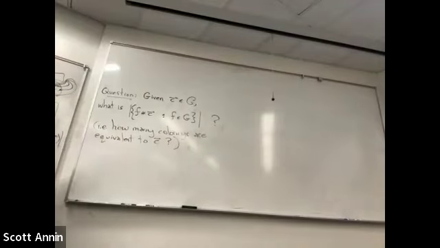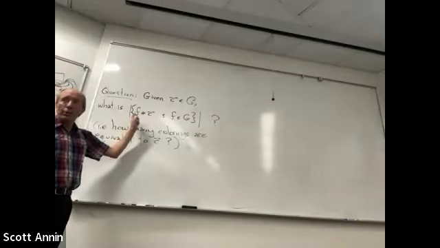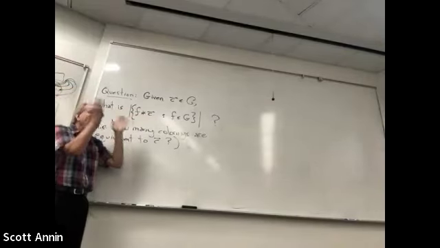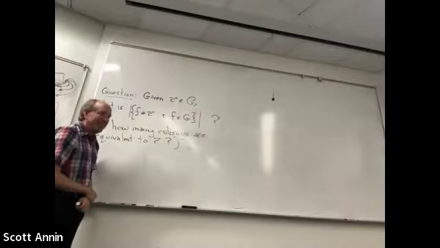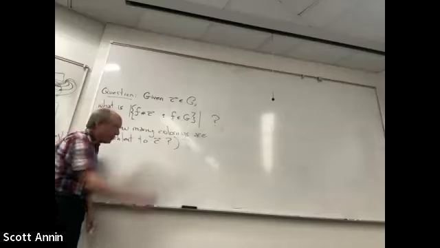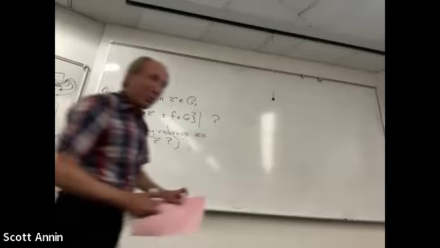Just a way, in words, of expressing the same question. Because that's what equivalent colorings look like. The equivalent colorings to C look like F star C. So the question is, how many different results can you get out of that? Well, the next corollary answers that.